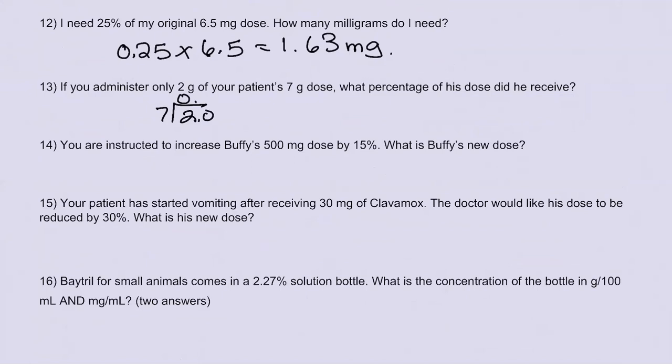And that's 2, 8, 5, 7, and this could continue and go on and on. So again, they want percent, so move your decimal place. So 28.6%.